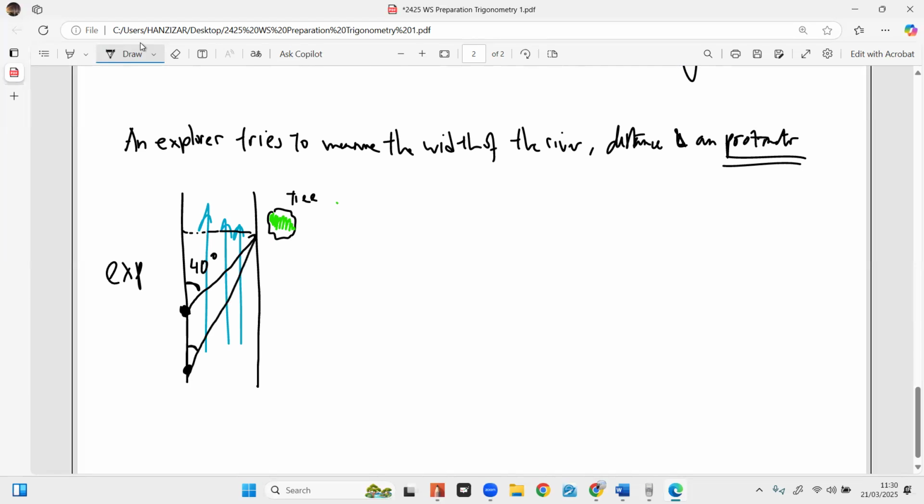Will the angle be more or less than 40? Less, because further means a smaller angle. Let's say they get 20 degrees. So he knows the distance between this and this, right? Let's say 8 meters. He stepped 8 meters and measures one more time. Can you find the height of this? Same idea as what we did.